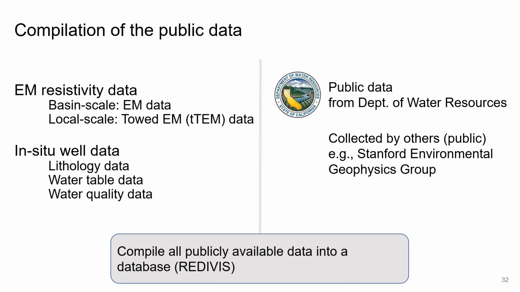Our group also collected airborne EM data, and we're going to make it available through our database. There are also in situ well data collected by DWR as well as ourselves, which include lithology data, water table data, and water quality data. All of this data will be publicly available, compiled into our database using Redivis, which I'm going to comment on.